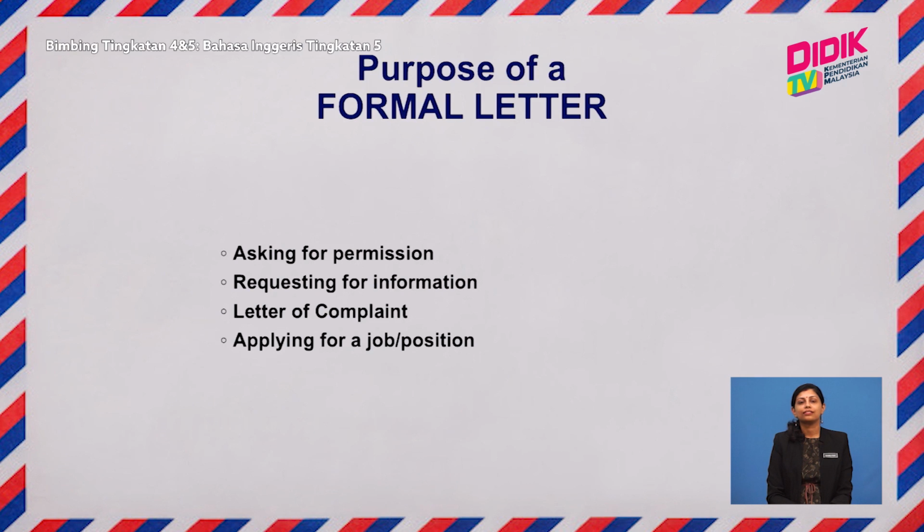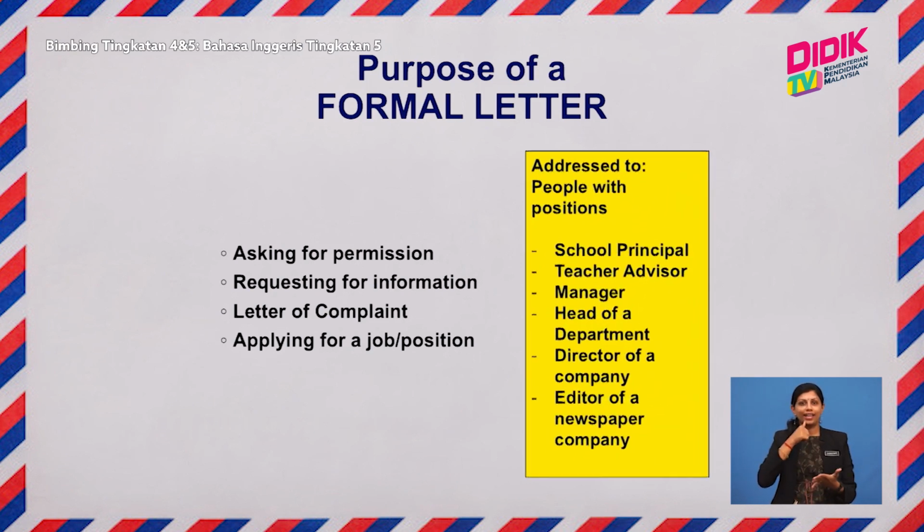When we send out a formal letter, we send it to authorities. Now, authorities are people with positions like your school principal, your teacher advisor, the manager of a company, or the editor of a newspaper company. These are all authorities.